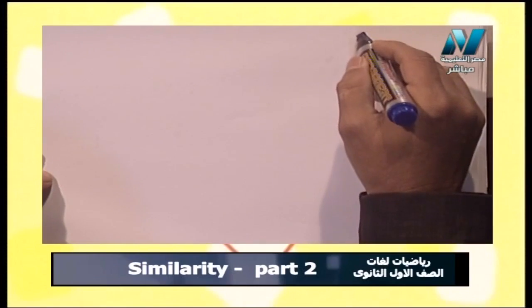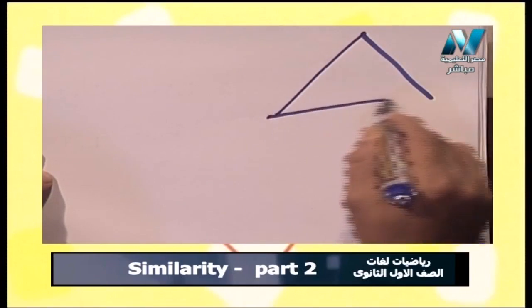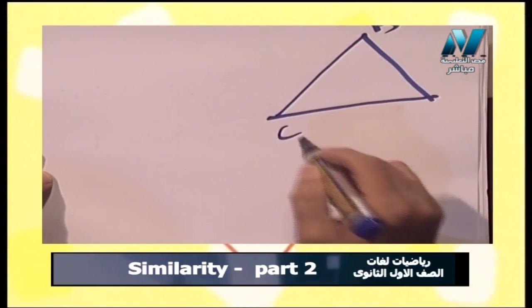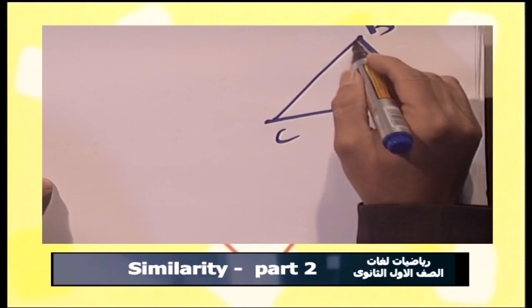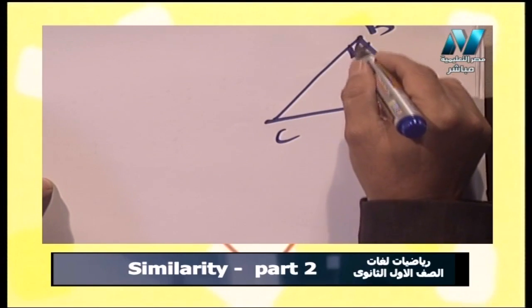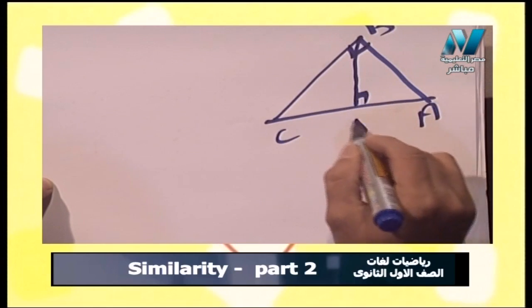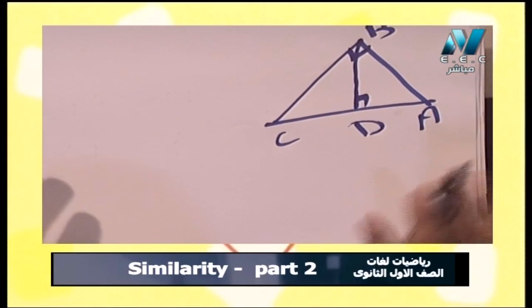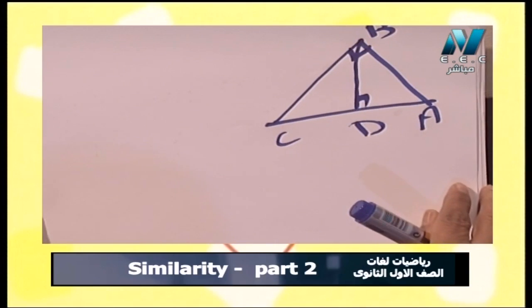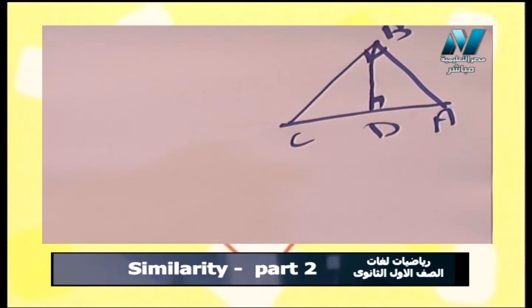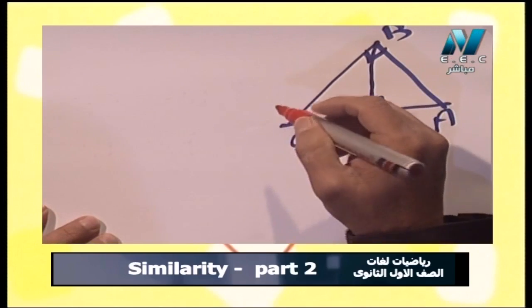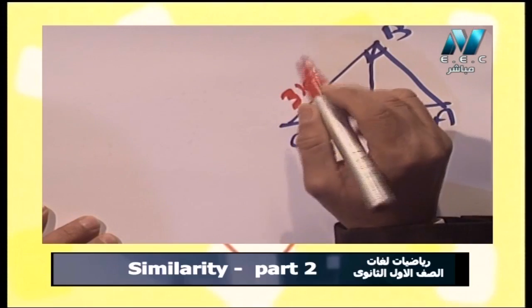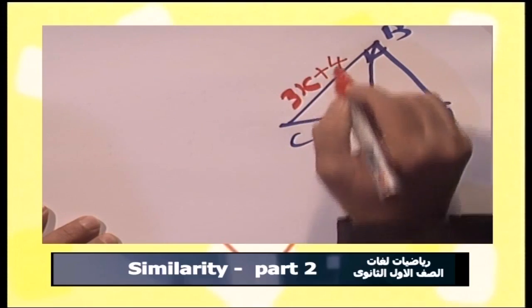Now we have a triangle here, B, C, A. And this is right angle, and we have perpendicular here, which is D. And we have the length of BC here equals 3x plus 4 centimeters.